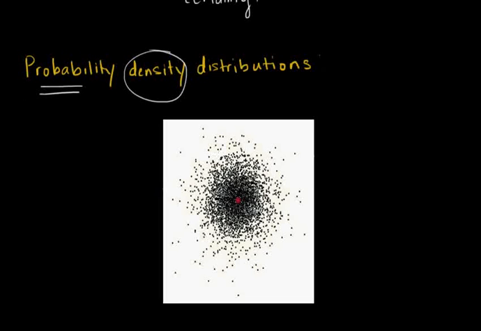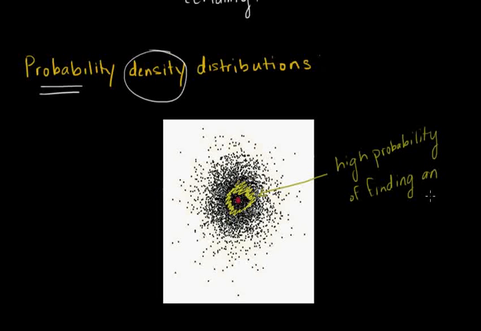And these dots, when we have areas of high density, so really close around the nucleus, this just indicates a high probability of finding an electron. That symbol just means an electron.